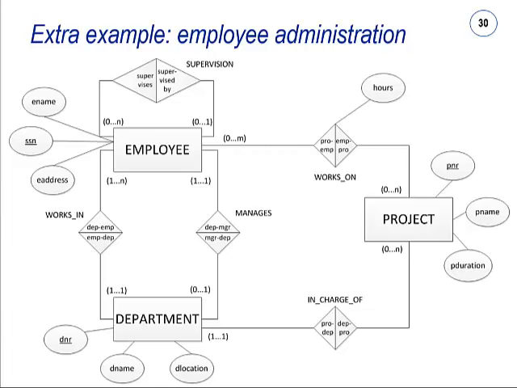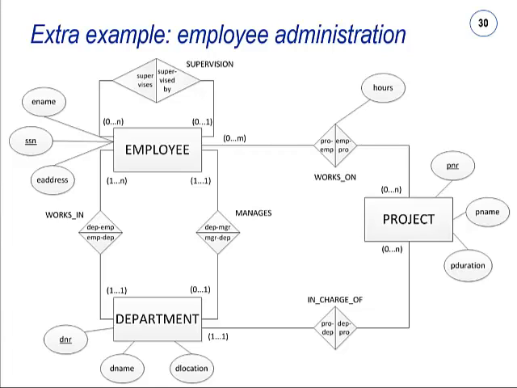There's also a rule which actually spans the three relationship types: works on, in charge of, and manages. And again, the rule is very straightforward. The rule states an employee can only work on projects assigned to departments to which the employee works.